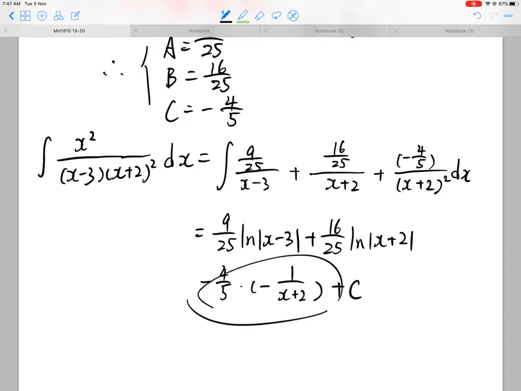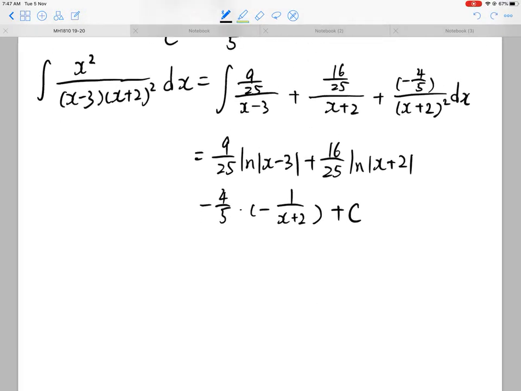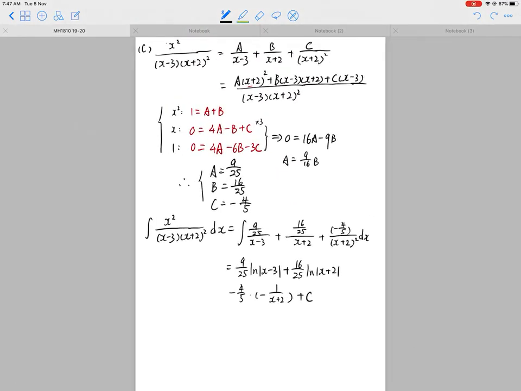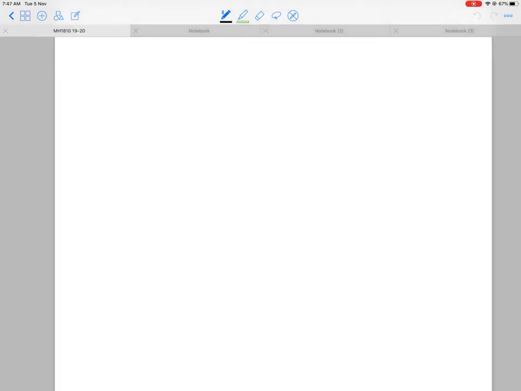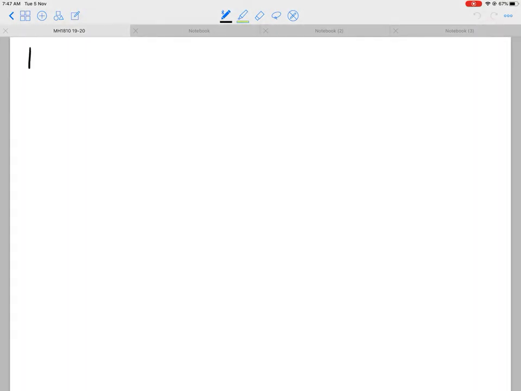You can simplify this a little bit. Okay. It looks complicated, but the method is quite standard. You just have to follow it, do it, you get the answer. Okay, there's nothing to think about, it's just do it. Okay, part D.